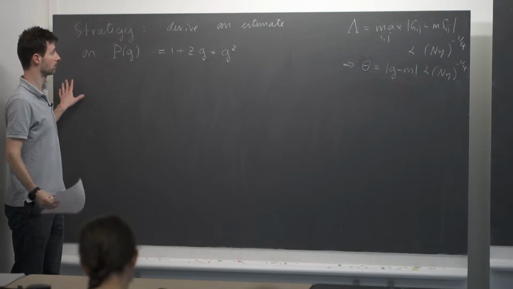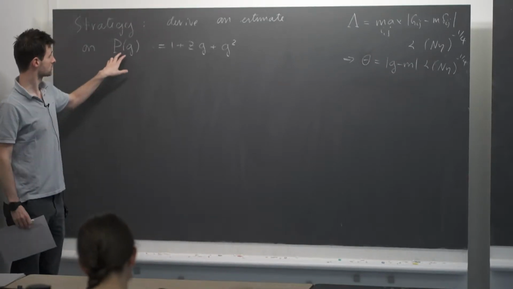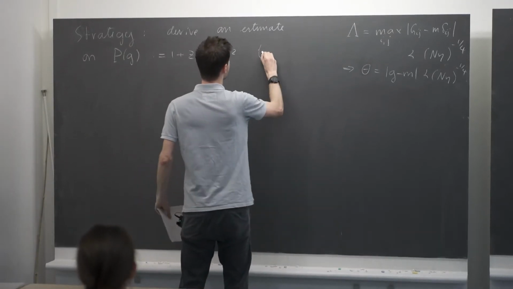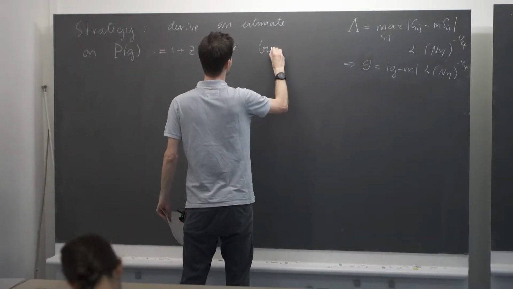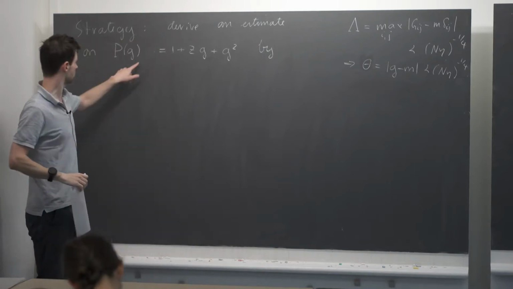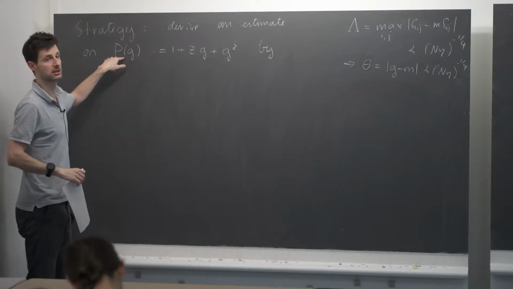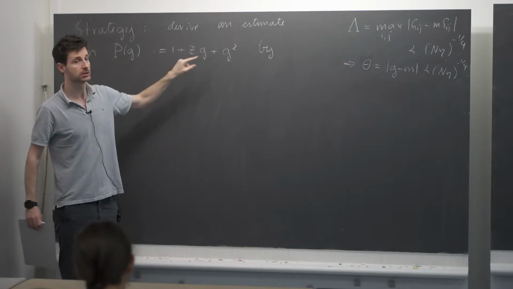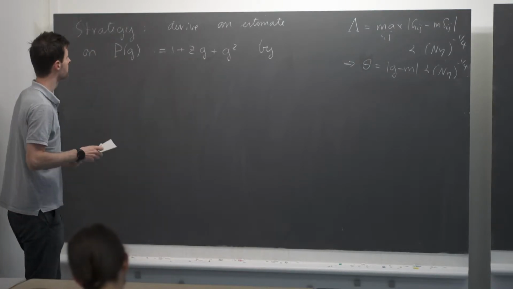So I plug in the argument g, so this is always the same second degree polynomial. So we will estimate this object. We wish to show that this thing is small. If we can show that this thing is small using a bootstrapping argument, we will be able to conclude that g is close to m.